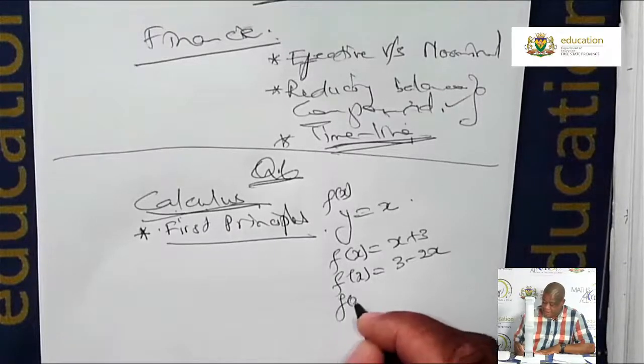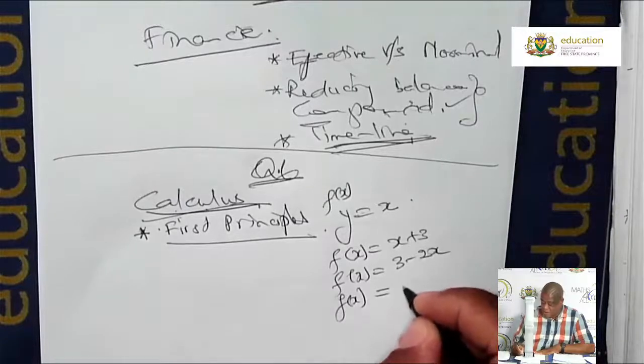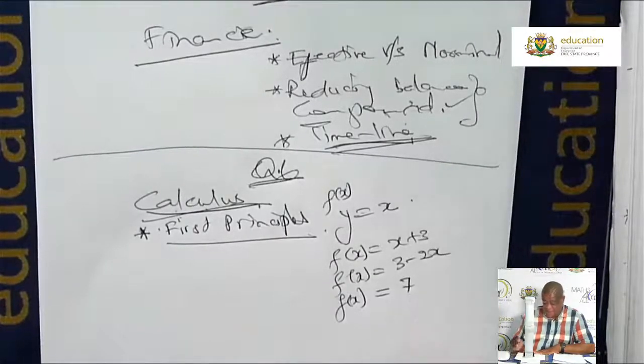They may come and use a different one as f of x equal to, at some point, they can somehow put 7.